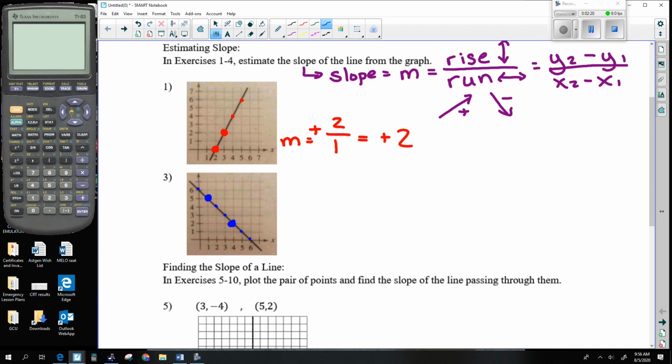Looking at our rise, our up and down, it has a rise of 3, and a run, side to side, of 3 as well, and this line is going downhill, so it's negative. So negative 3 over 3, aka negative 1. So we have slope given a graph.